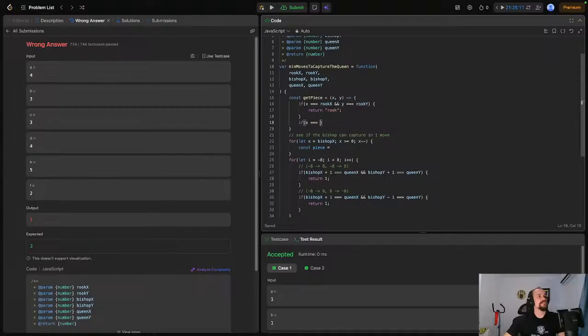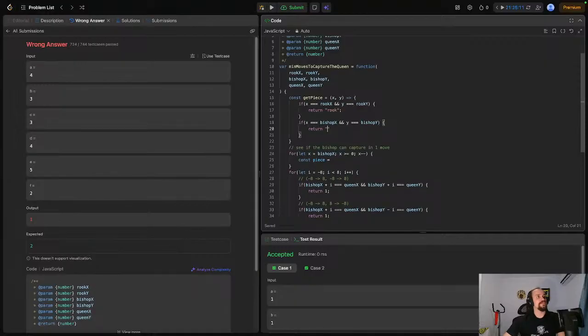If x equals bishop x and y equals bishop y, return bishop.